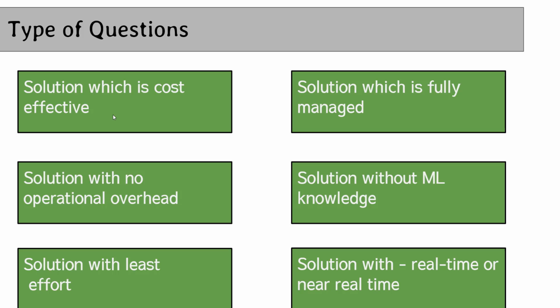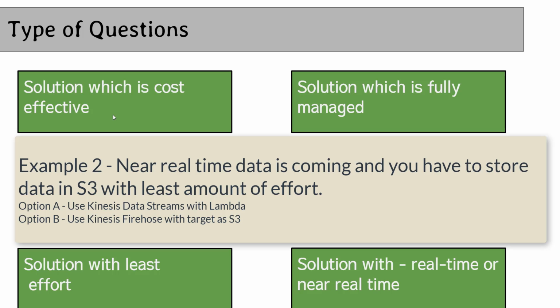Have to choose the solution with least effort so that you don't have to code anything. For example, you are implementing a near real-time system and you have to save the data in S3 and you want a solution with least effort. Now, if you get an option like choose Kinesis Data Streams with a Lambda function with Lambda saving the data to S3, or the other option like choose Firehose with data target as S3, then obviously the second option will have least effort.